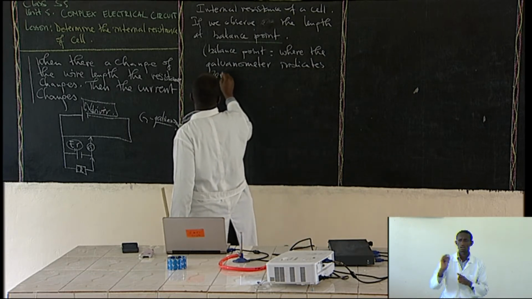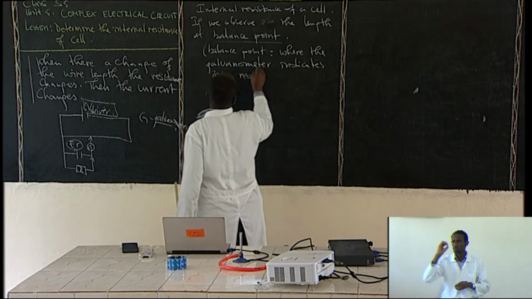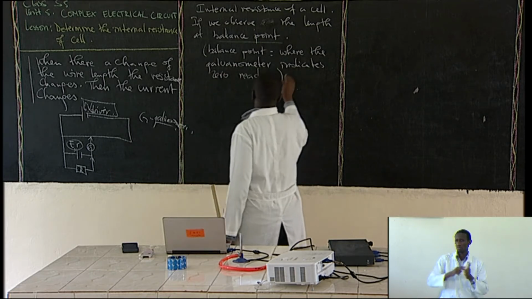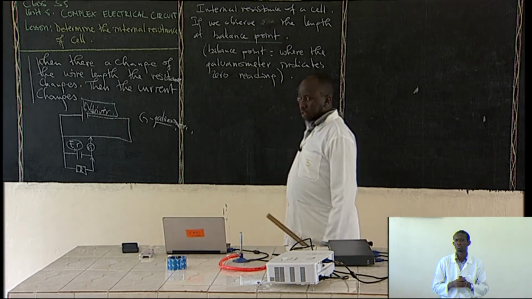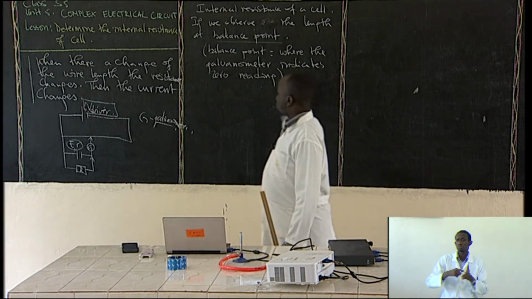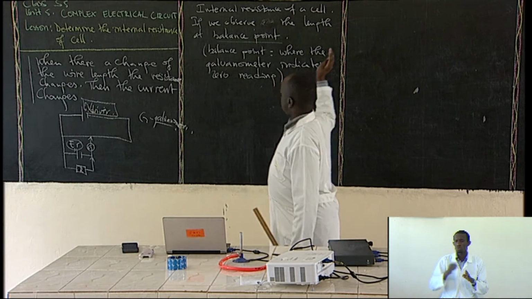So it means that zero, that is zero reading. So there is no reading. So it means that the needle deflects backwards, deflects up to zero. So this is the variance point.